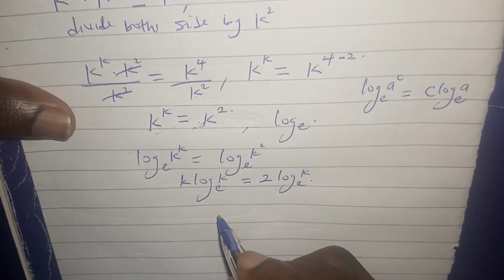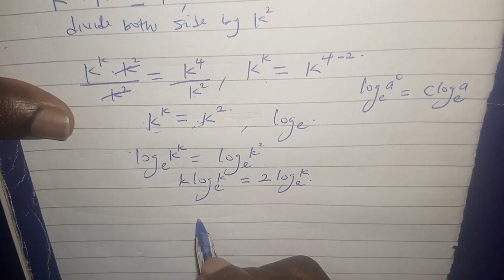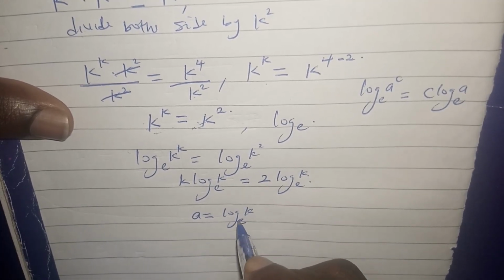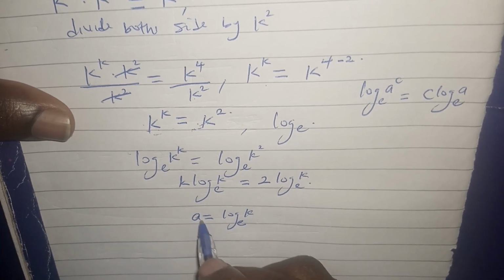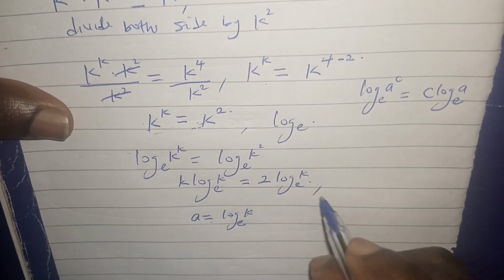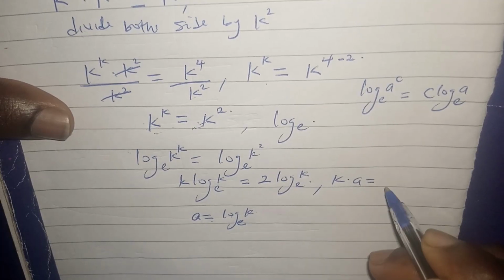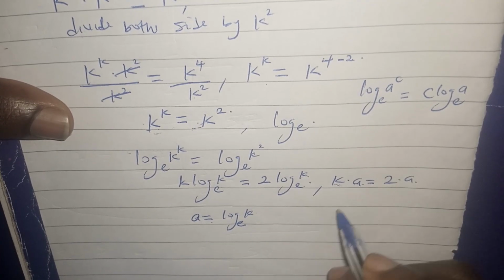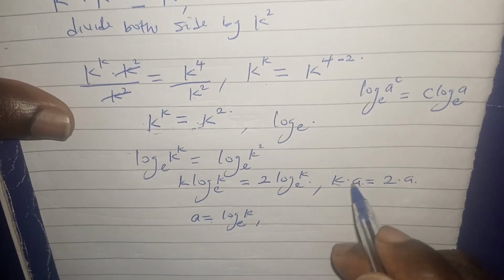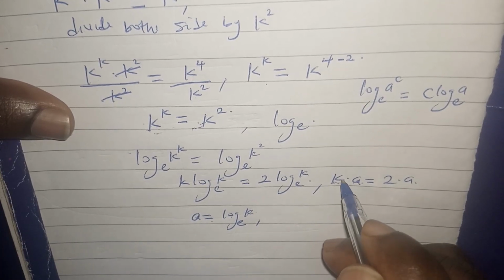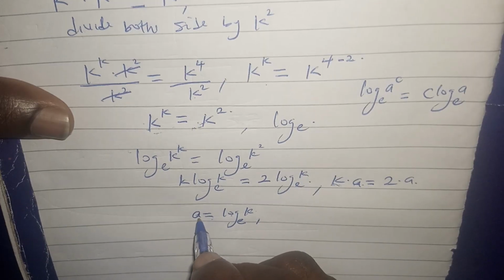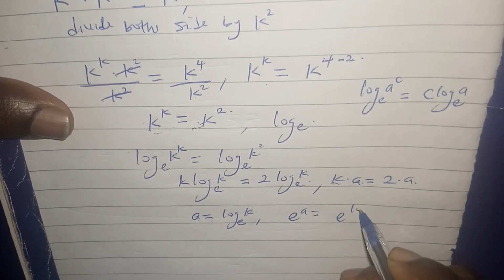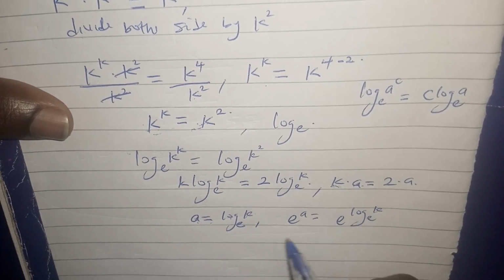Having done this, let a equal log k to base e. So we have k times a equals 2 times a. You can see we have two unknown variables here. To make the other unknown variable k, we can take the exponent of a, so we say exponent of a equals exponent of log k to base e.